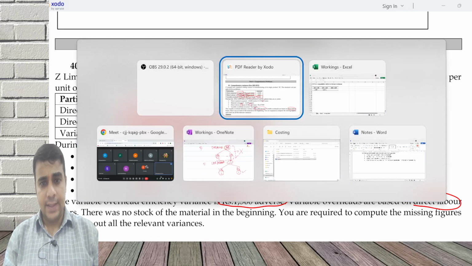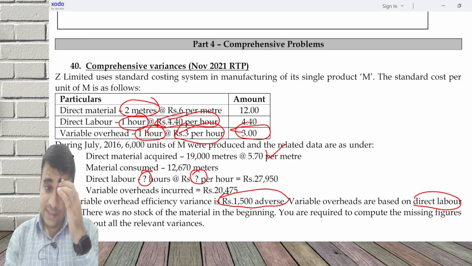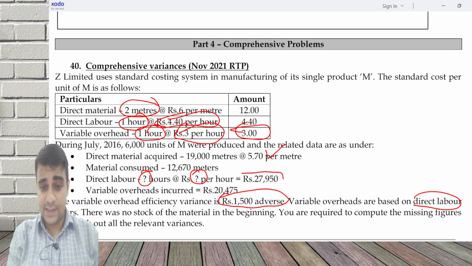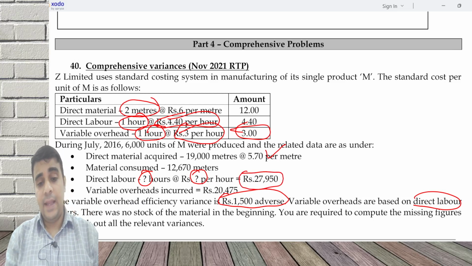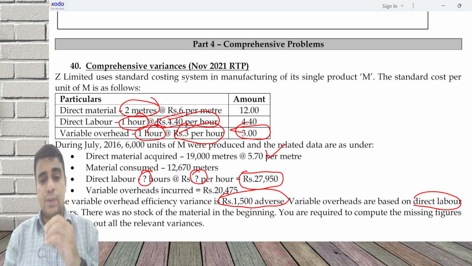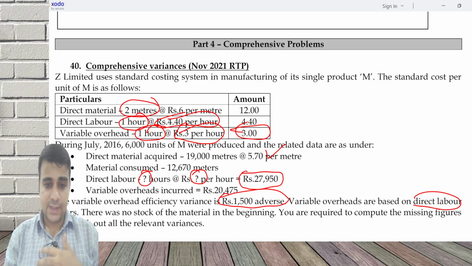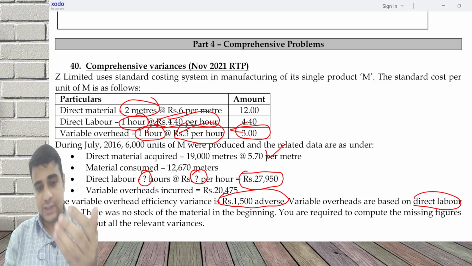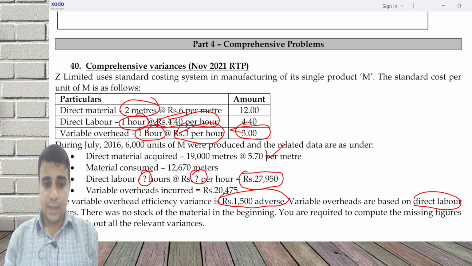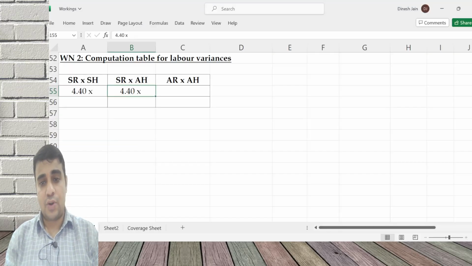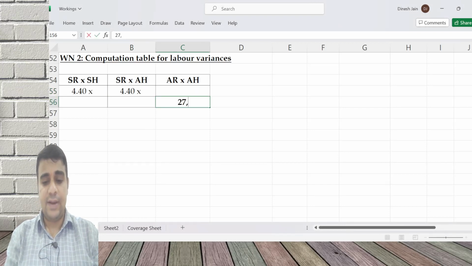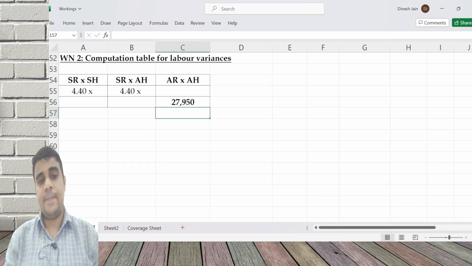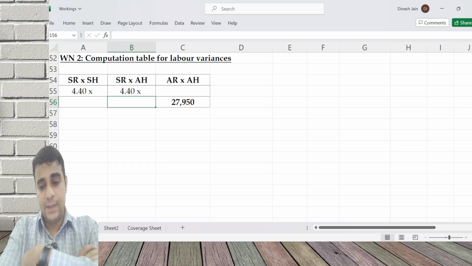Actual rate: they have given this breakup. I don't know, but the question wants us to calculate the breakup. We'll see later. Direct labor, last column is 27,950.